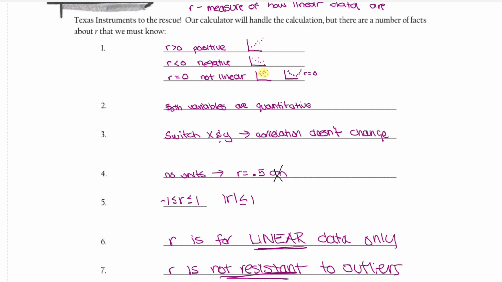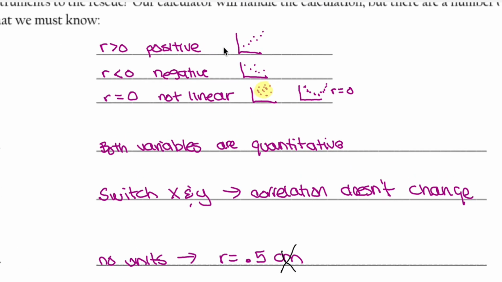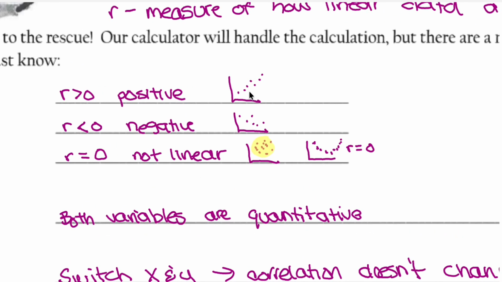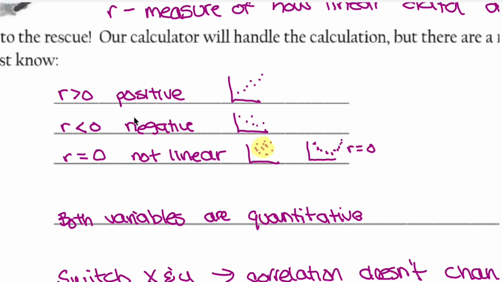So the correlation measures how strong and how linear a relationship is, always between -1 and +1. And the key idea is, if R is greater than 0, then there's a positive association. The data will be right here, like this. If R is less than 0, then there's a negative association, like this.